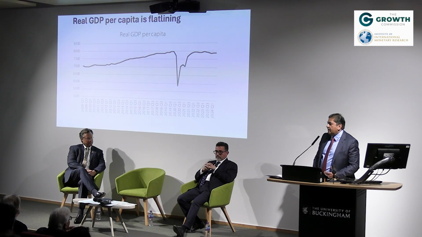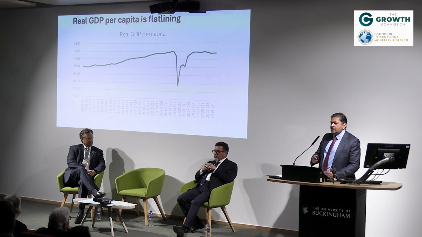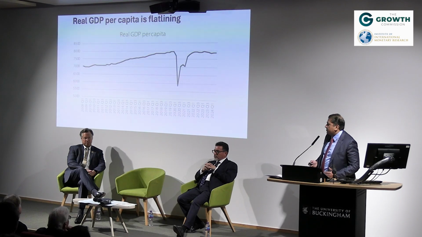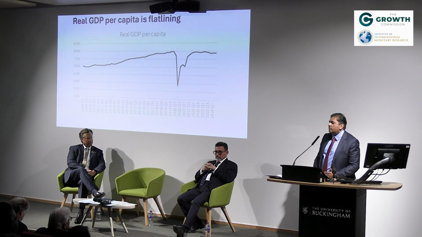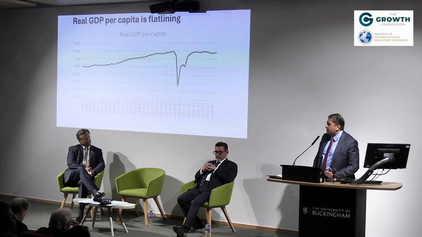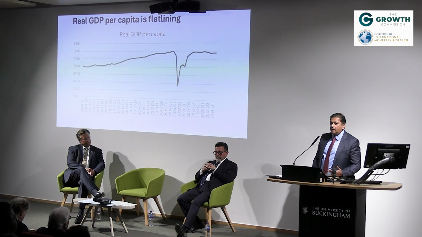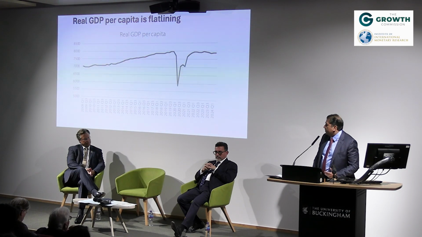And it is pretty clear that over the last 25 years, real GDP per capita of many countries, not just the UK, of many G7 countries has essentially flatlined. Even in the US, which has been more resilient than others over this period, it is much less than it has historically been. And there are some very important reasons for that. A lot of them are regulatory barriers that have been imposed over time.